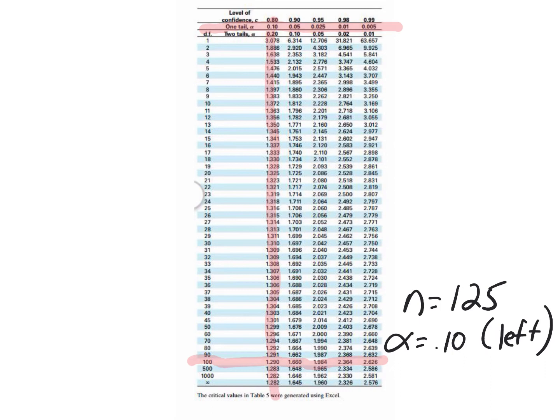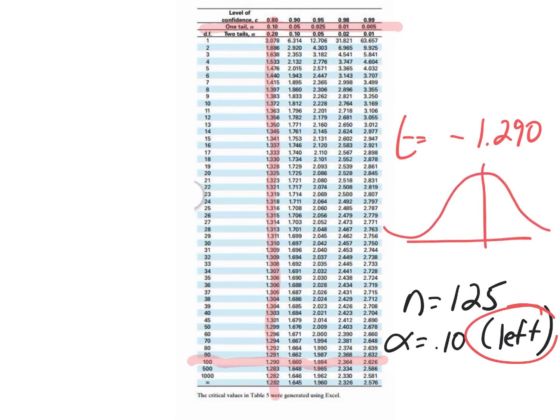Where those two crash would give you an answer of 1.290, but because it says to the left, it would be negative. To tie things together, it would look like 3 sigma limits on each side. We would have negative 1.290 right here, cutting off 10% of the curve.